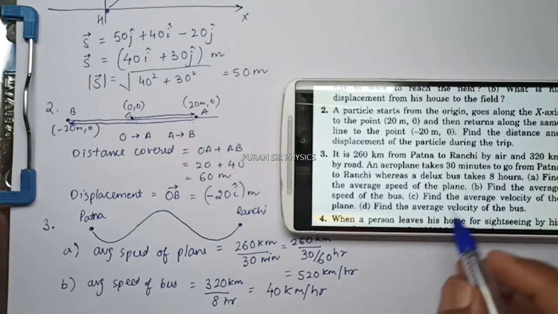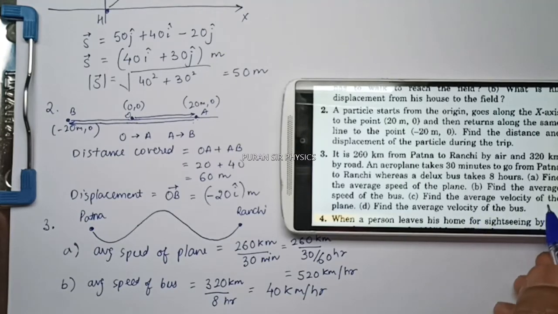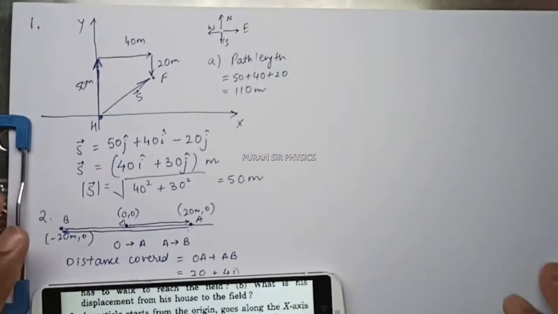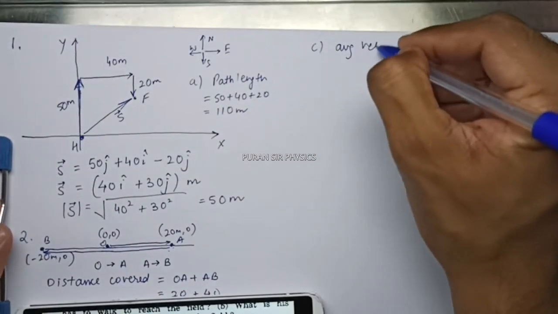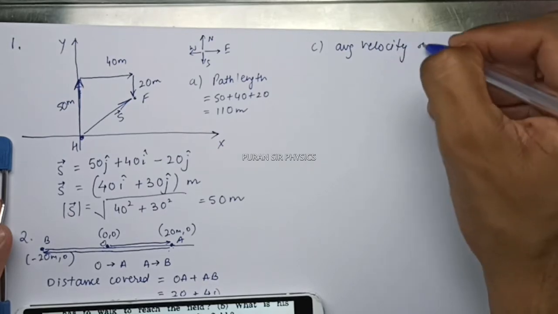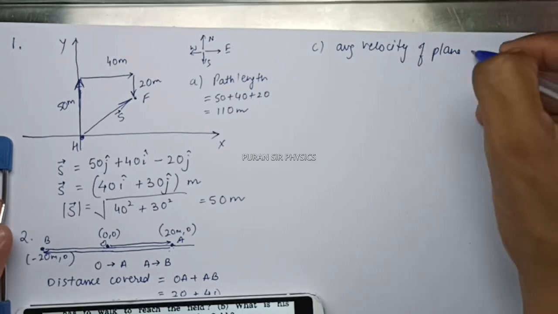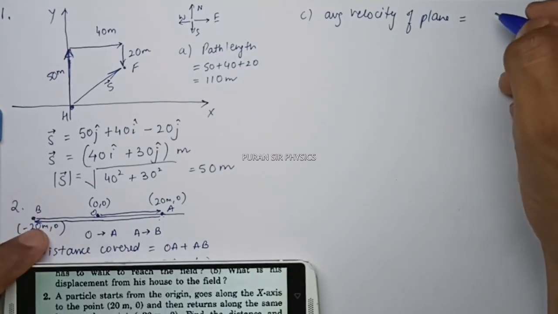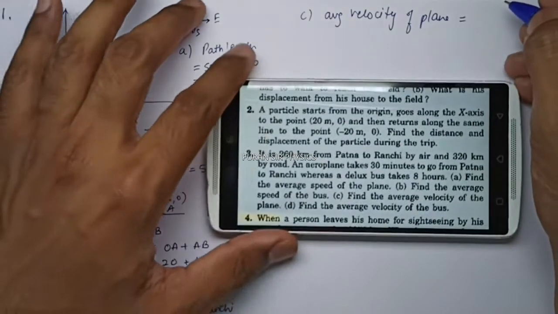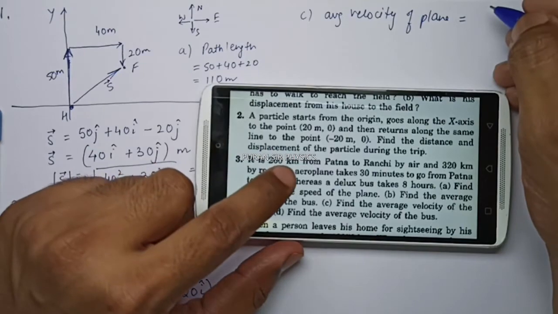And the next part, we have to find the average velocity of the plane. So it will be average velocity of plane. So the magnitude will be displacement upon time. Displacement is actually the path which is by air. So the path is 260 km by air.